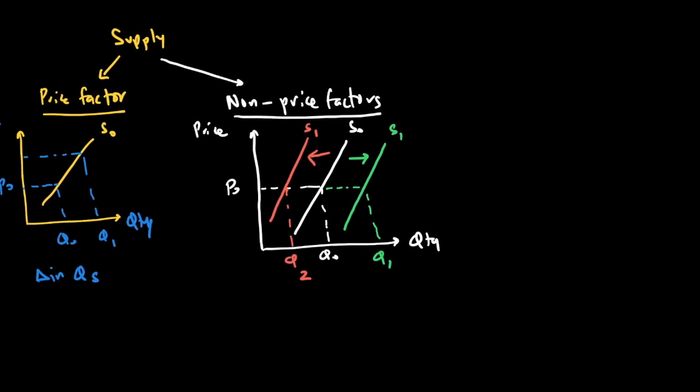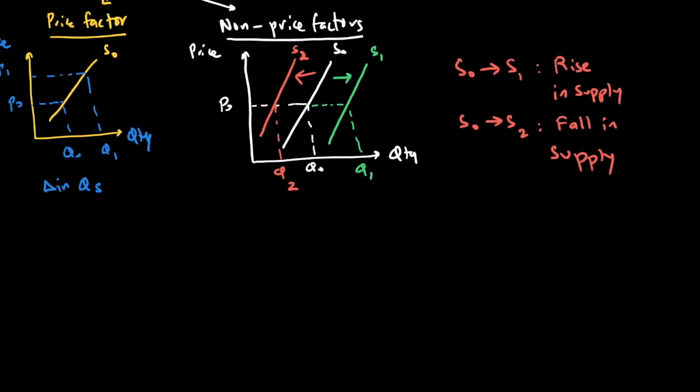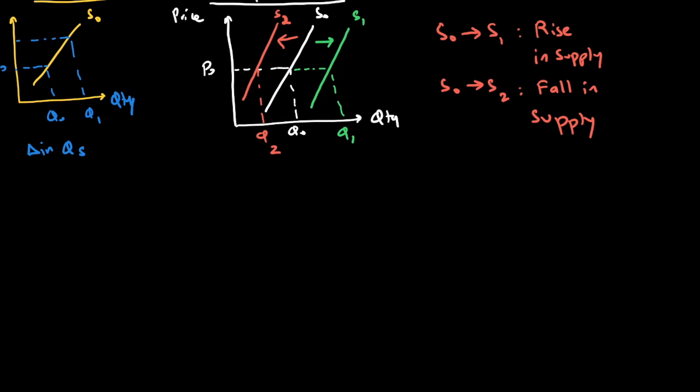So when we look at supply curve going from S0 to S1, we call it rise in supply, while when it goes from S0 to S2, we call it fall in supply. So what are the factors that result in the rise or fall in supply? The first major factor which results in supply curve to shift is cost of production.